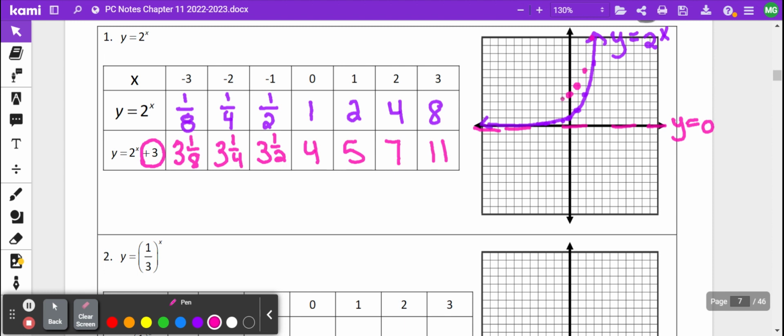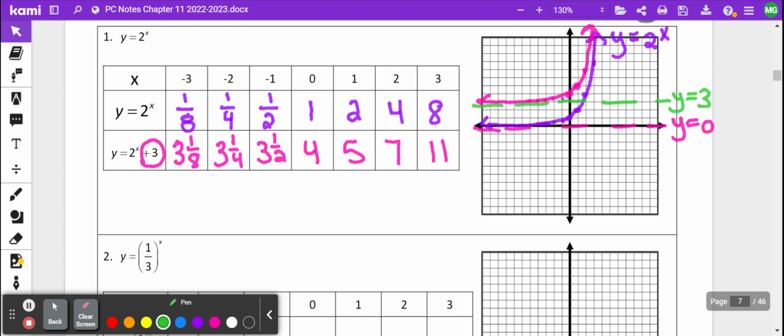We get this little optical illusion as if it's getting closer and closer, but it's always going to be exactly 3 units above. Which incidentally means that the asymptote is also 3 units above the other asymptote. So we have an asymptote here at y equals 3. Those are both examples of exponential growth functions.